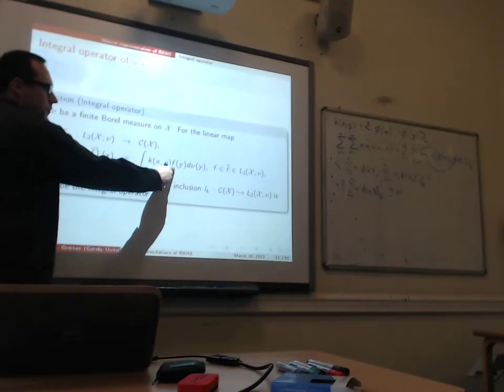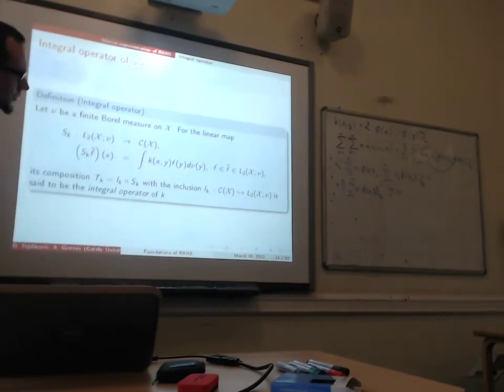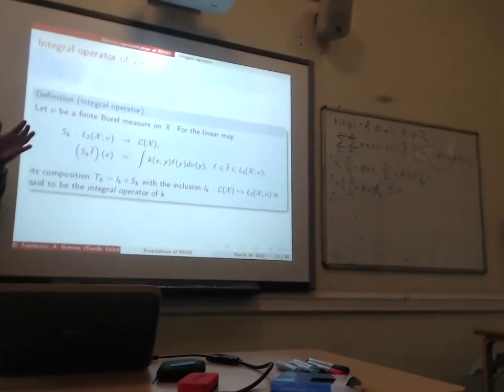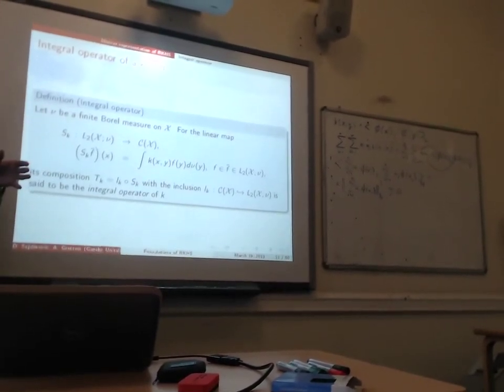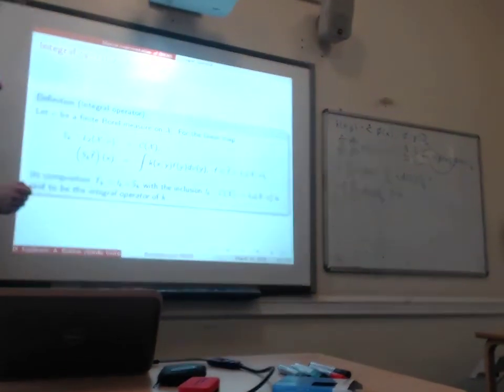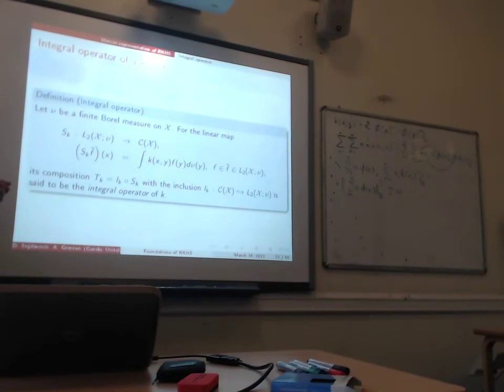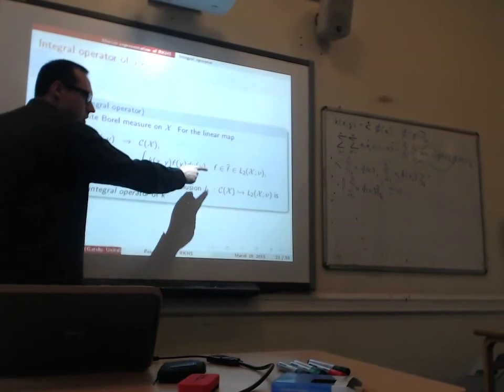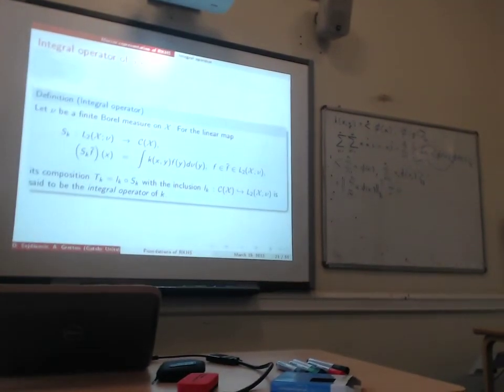Here F, in this expression, is any function that lies in this equivalence class of L2 functions. Functions within the class differ at most on a set of nu measure 0. And therefore, for every function like that, this integral is the same as a function of x.